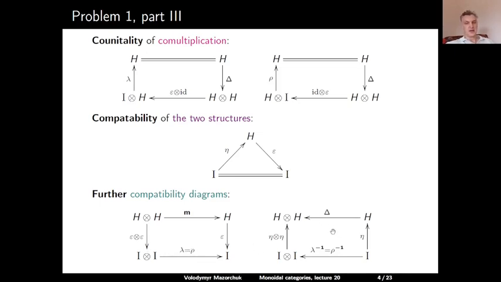And the second diagram says the same thing when, instead of the multiplication, we have the comultiplication. Instead of epsilon, we take eta, and instead of lambda or rho, we take the inverses. So they coincide.